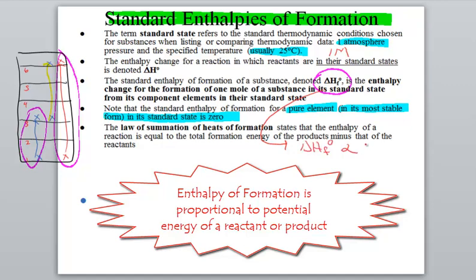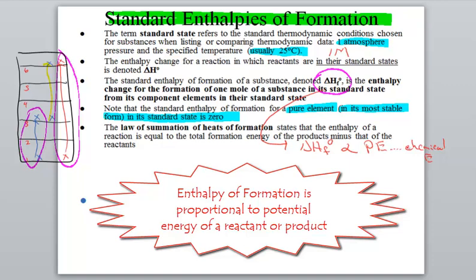So it's proportional to the potential energy of that particular chemical. It's proportional to the chemical energy. And again, there's something defined to be 0, but when we have chemical reactions, we care more about what the change is.